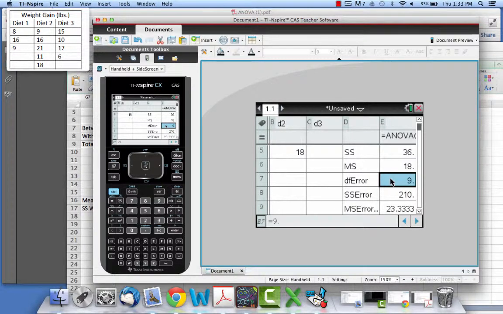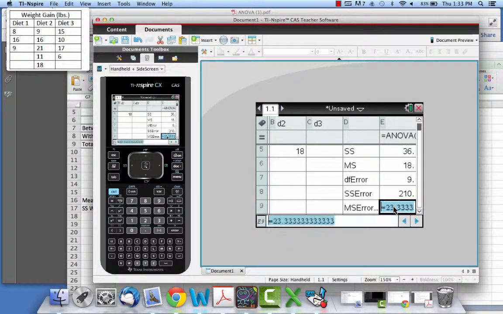And then the within part is the legitimate unexplained variation. Okay? So they call it error on the calculator. The error is the part that's not explained. So degrees of freedom, sum of squares, and then mean square. And then they actually give you a confidence interval as well.